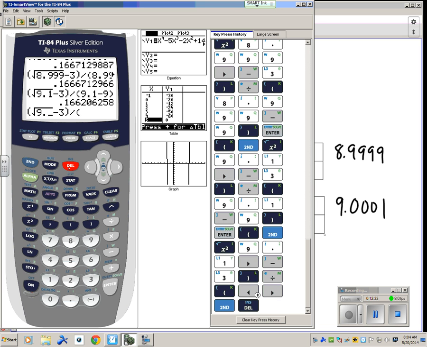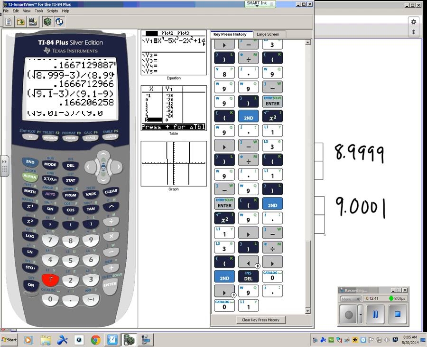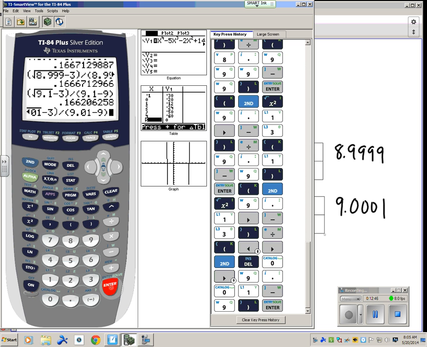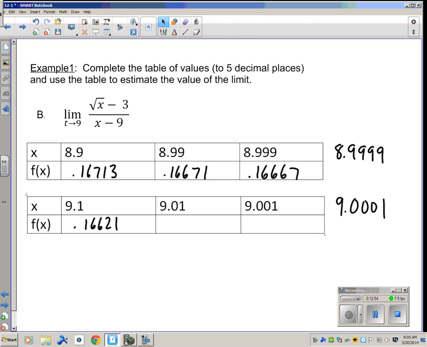Second, insert, 0, 1, there we go. 9.01 minus 9. 0.16662. So this time we've got 3 sixes.